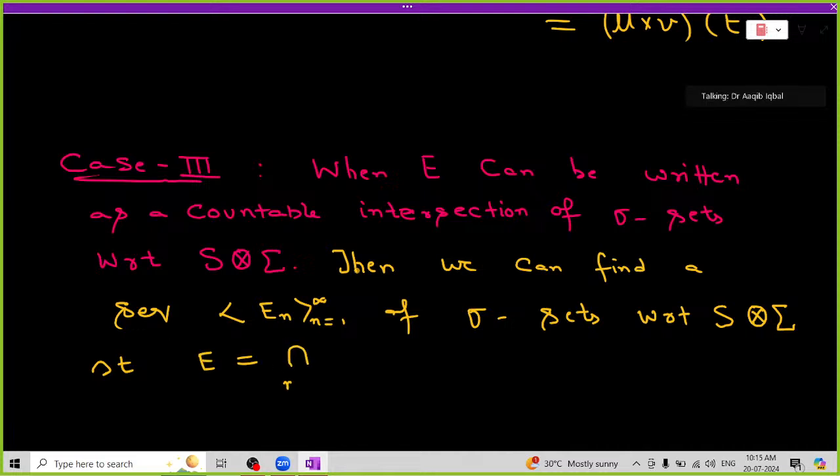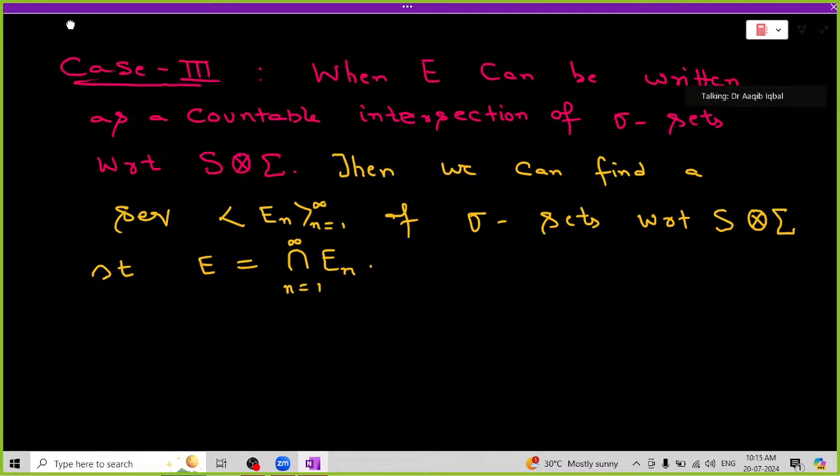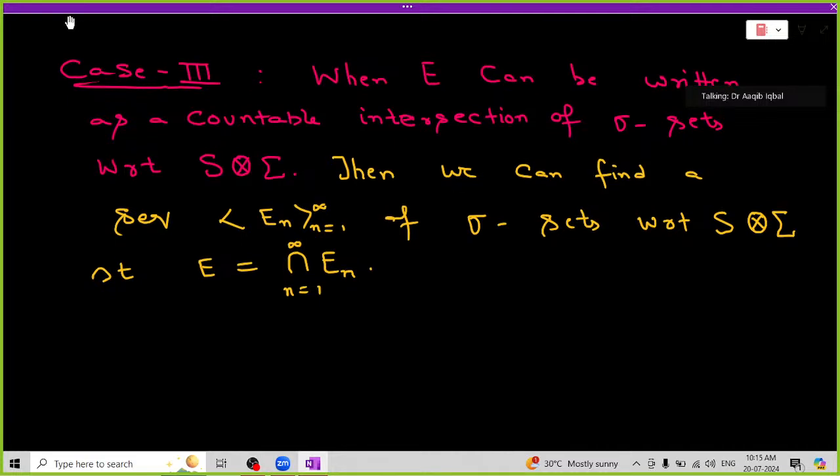E is intersection n runs from 1 to infinity E_n. ठीक है? अब यहाँ एक्चुअली we won't work with this sequence E_n, हम पहले will create another sequence और हम उसी के साथ काम करेंगे.